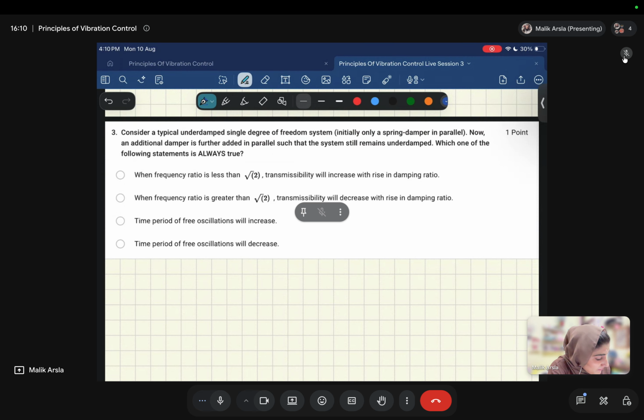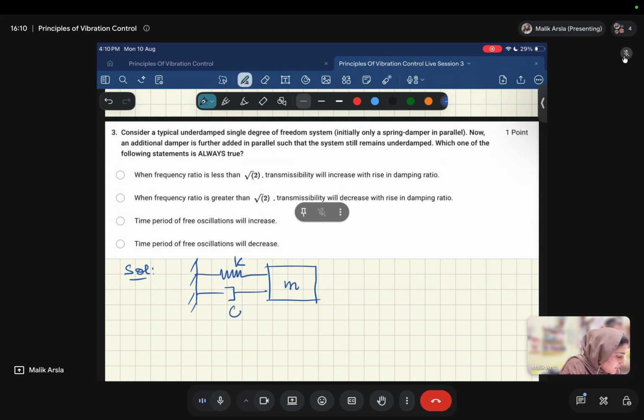Okay. So the question here is that we have a single degree of freedom system with a spring and a damper, something like this, M, K, C. And it has been given that the system is underdamped, so basically our zeta is less than 1.